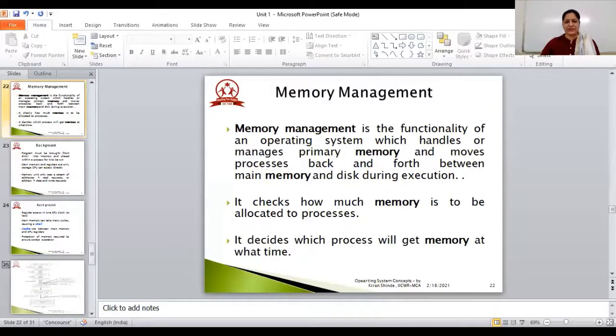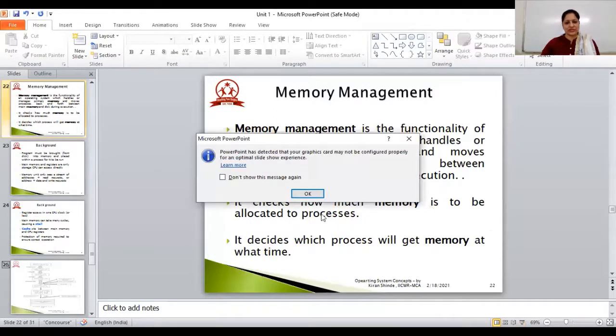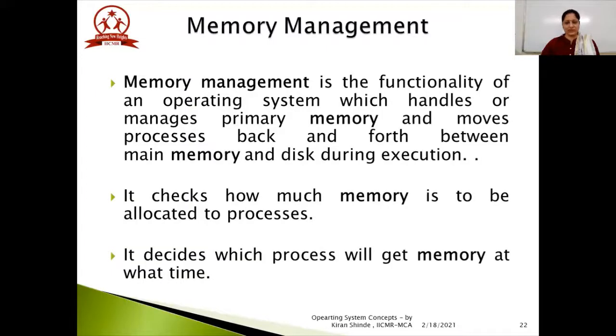As I mentioned, today we will see exactly what you mean by memory management, what are the various functions the operating system has to do in memory management, and what are the key terms used in memory management. Memory management is the functionality of OS in which it handles or manages the primary memory and the moves between the main memory and the secondary storage, that is disk.